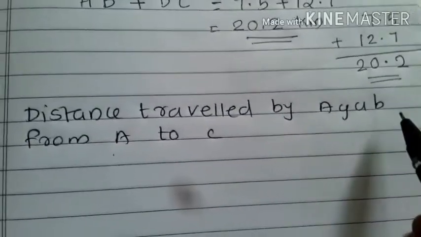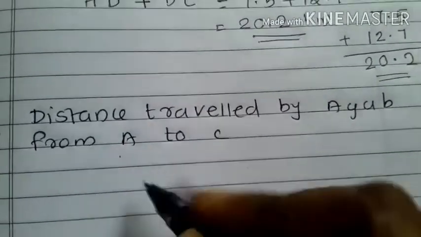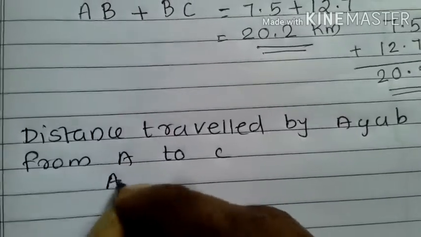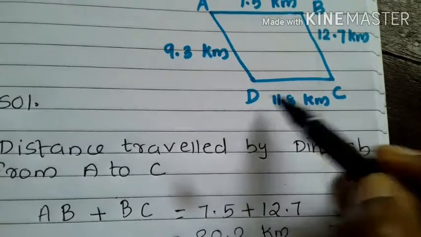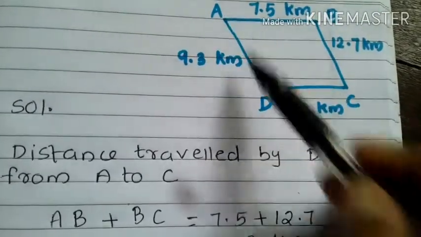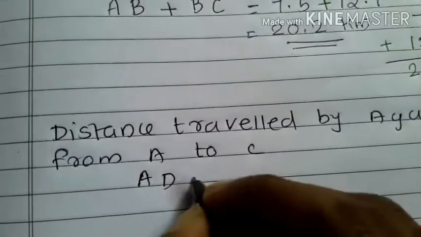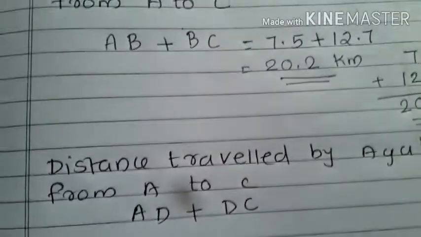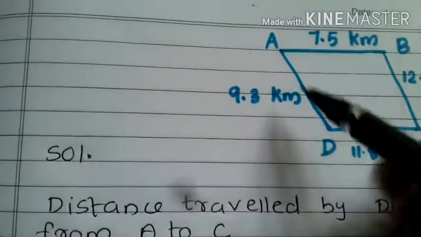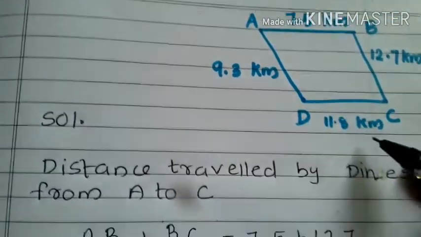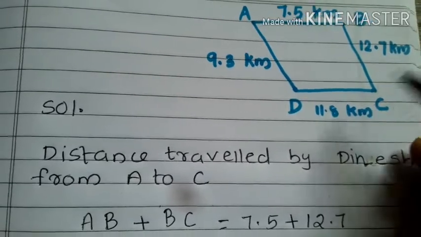Distance travelled by Ayub from A to C. So here A to D, then D to C. So we write AD plus DC. So we write the decimal numbers 9.3 plus 11.8.